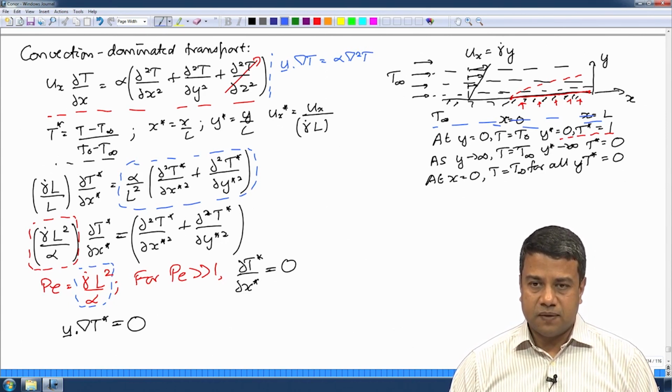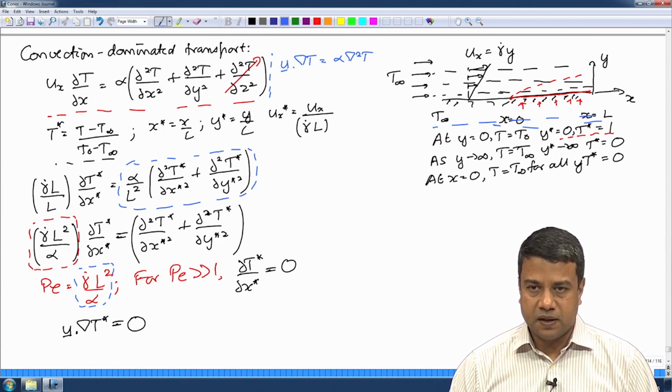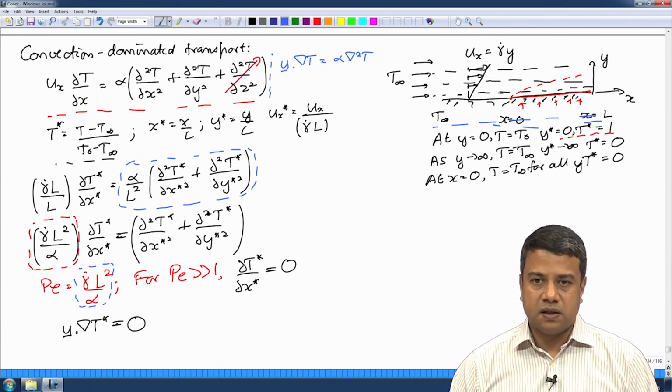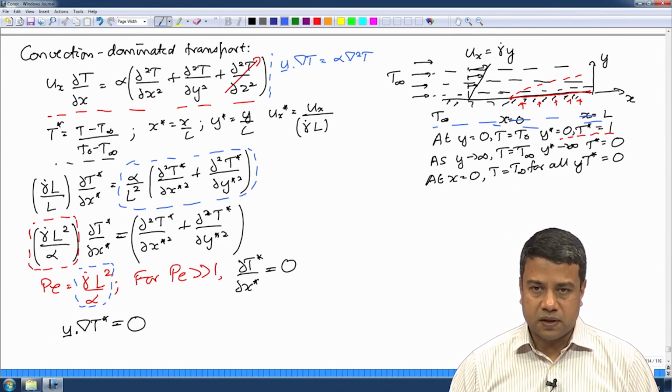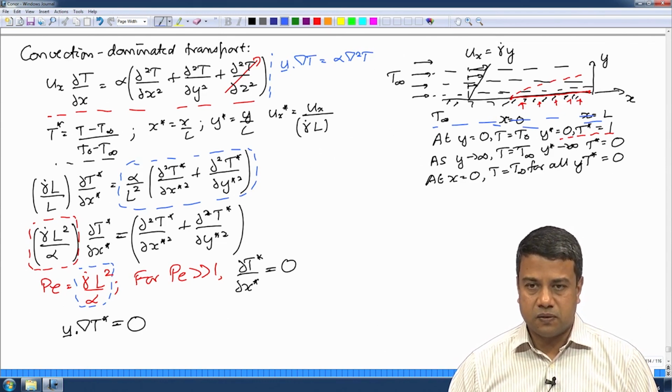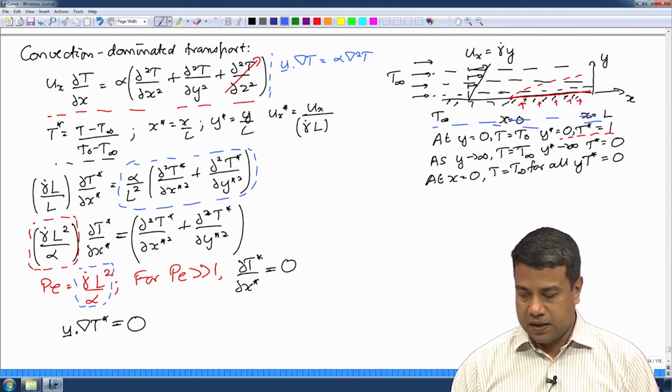However, even when the Peclet number is large, so that the heat is convected downstream rapidly by the fluid flow, close to the surface there will always be a region within which diffusion is important, and within that region there will be a change in temperature due to conduction from the surface.